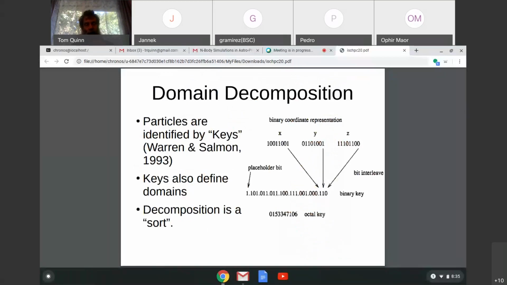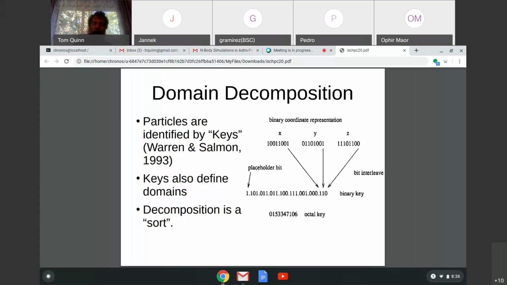We have to decompose these elements. We've got to decide, okay, what piece of the tree goes on which processor. And the way this is done in most large N-body codes is via what's called a space filling curve, where we map particle positions into a single number, which we'll call a key.